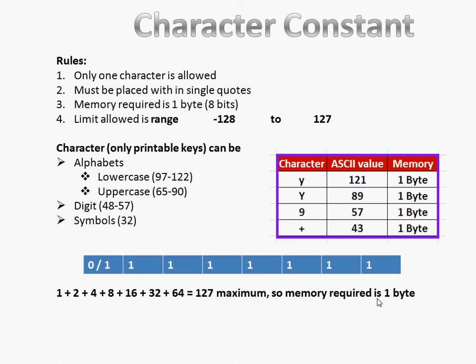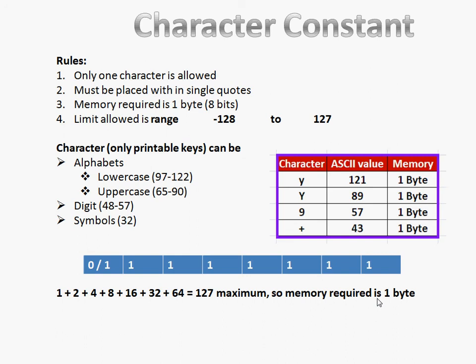So if we calculate leaving the leftmost one, which is 0, or which is for the signature, leaving that, if we sum up, it will be maximum up to 127. And also if we notice, all the ASCII values for any character will be maximum up to 127.